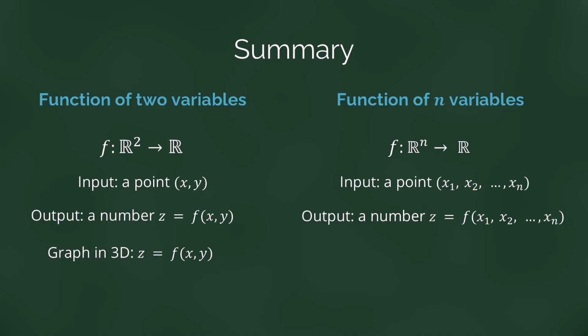We can expand those ideas into functions of n variables, where f is a function from R to the n into R again. So our input is now an n-dimensional point, and our output, however, is still a single number z, which is equal to the function value. Here, however, we can't graph them because graphing in more than 3 dimensions is extremely difficult, maybe impossible.